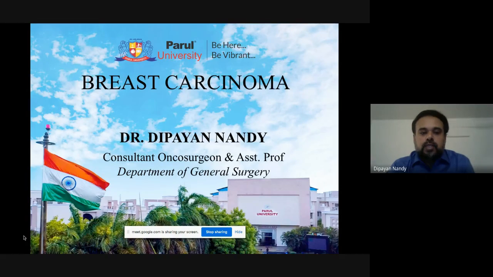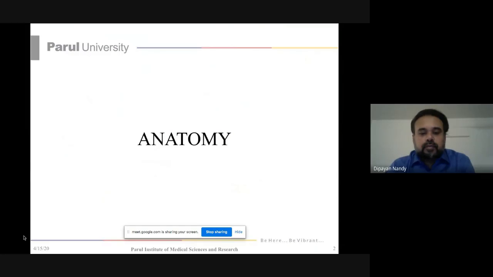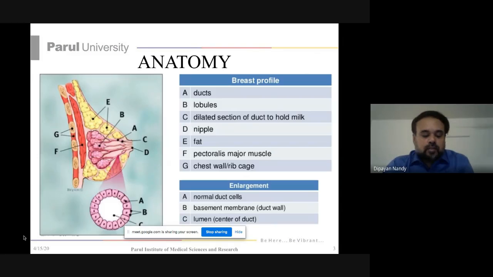So let's first start with the anatomy of the breast. You must have all learned by now that the breast is nothing but a modified sweat gland. It is an apocrine gland which is modified to produce milk in the reproductive phase of the female.